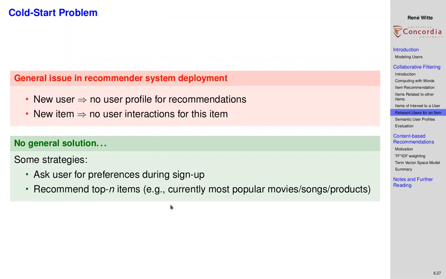The other solution, which you see on websites like YouTube, if you go to the YouTube webpage and you're not logged in and you don't have any browser cookies, you're using an anonymous window, then you get kind of a generic page where you have the items that are the most popular and the currently most watched items. So it's kind of a generic recommendation. And only once you start interacting with something, it can start recommending something to you. So be aware whenever you work with building and deploying a recommender system that you have to deal somehow with this cold start problem.